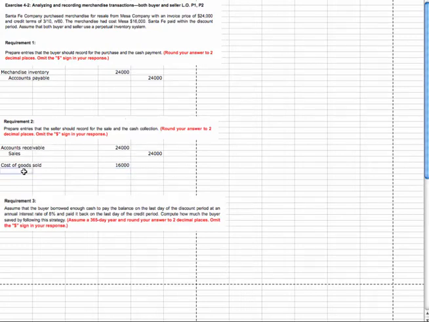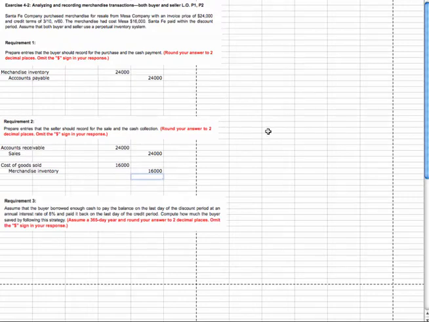But because we used up our inventory, or we sold our inventory, we have to reduce the merchandise inventory account by the $16,000 as well. Okay, so that's the journal entry the seller has to make. The seller has to recognize the sale, but they also have to recognize the corresponding expense.